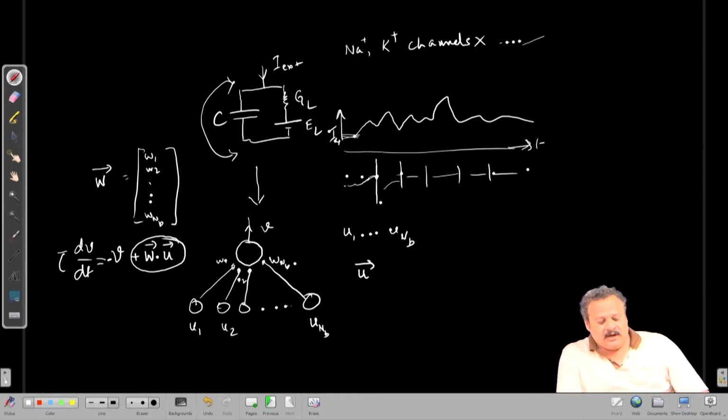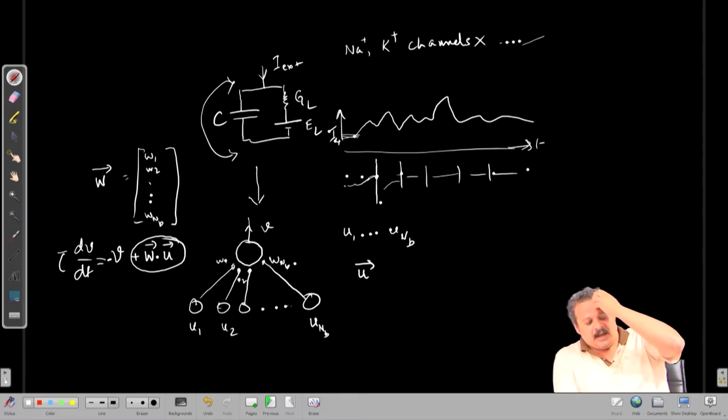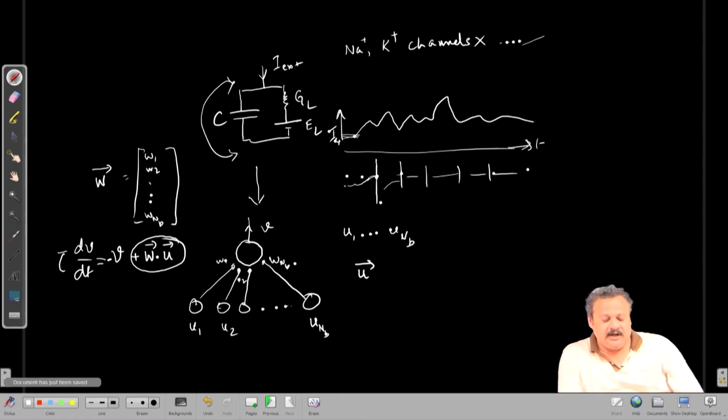So, what we are saying is that the output potential is always trying to go towards a steady state value where dV dt is 0, and basically a 0 steady state value when there are no inputs. And when there are inputs, V is increased by the rate of the inputs.